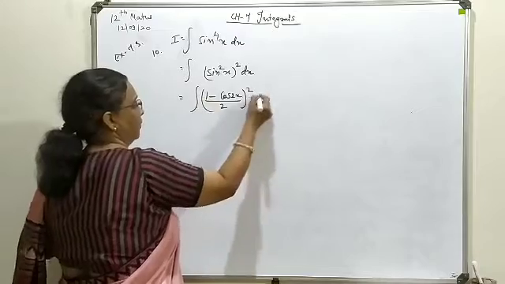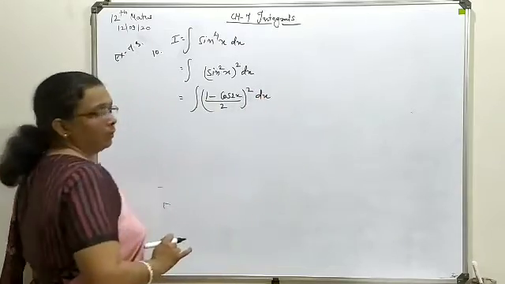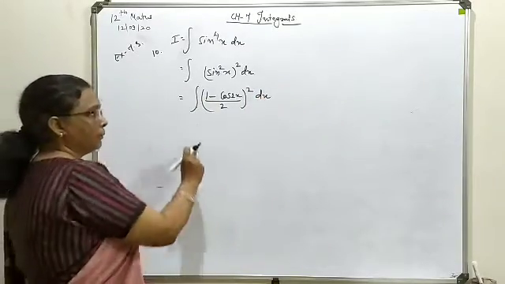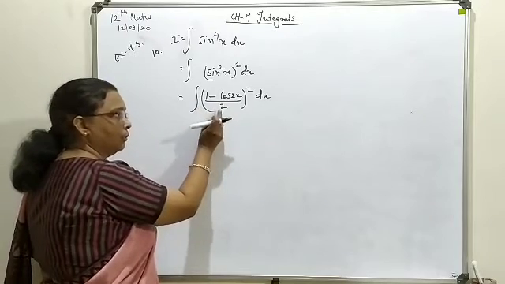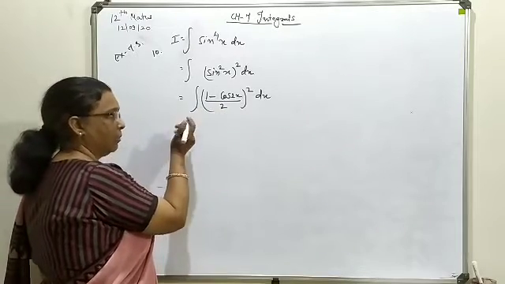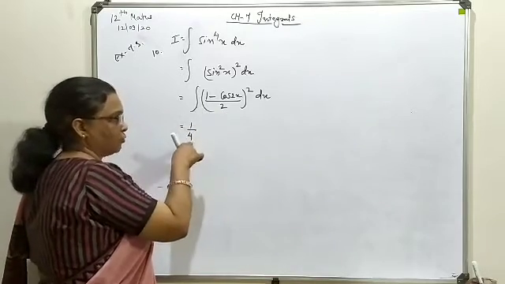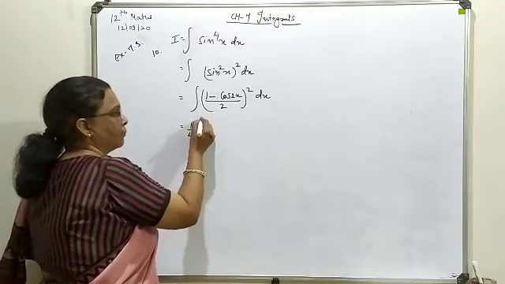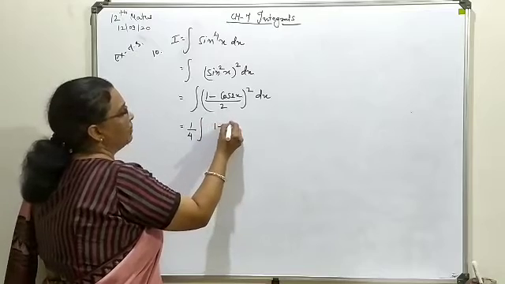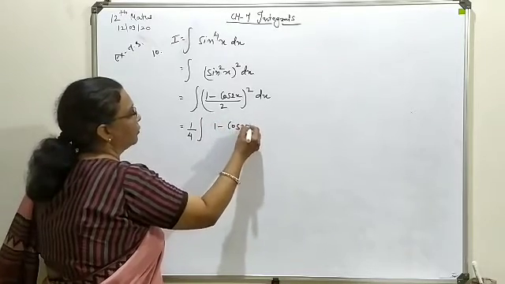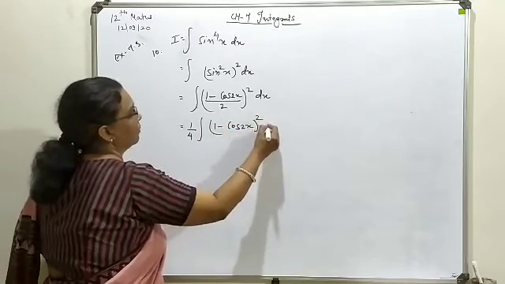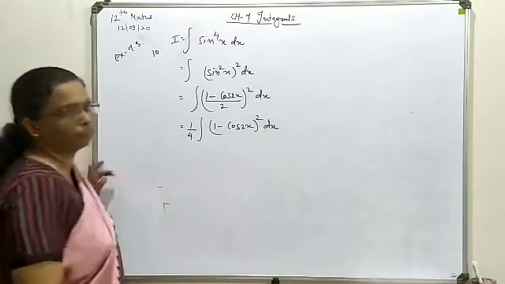You all are familiar with this formula. Now next what we will do? This 1 upon 2 whole square keep outside the bracket, means it will be your 1 by 4, squaring of this 2. Simple thing. Then 1 minus cos of 2x whole square is left with you.